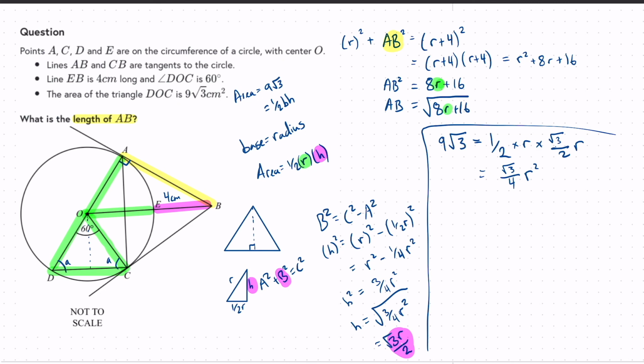Now I'm going to times both sides by 4. So 9 times 4, 36.